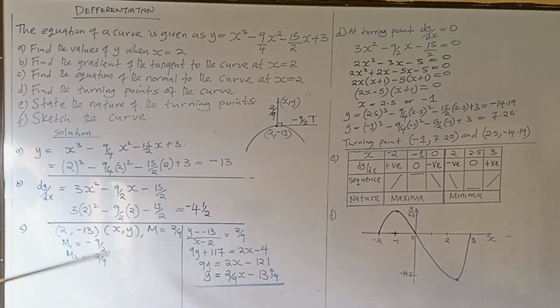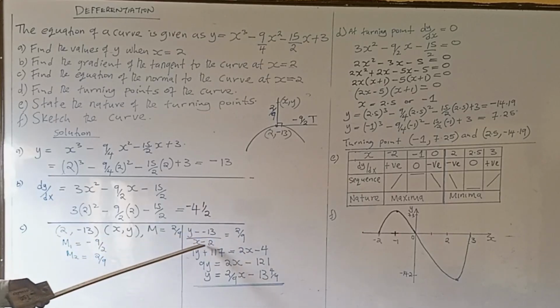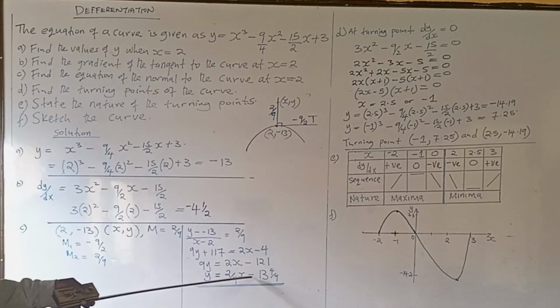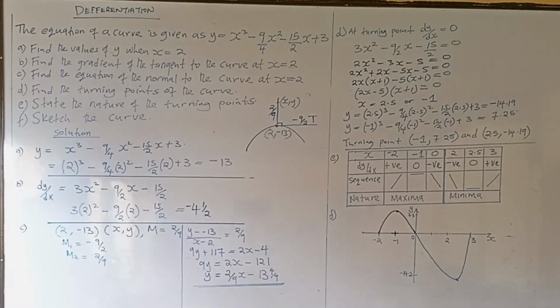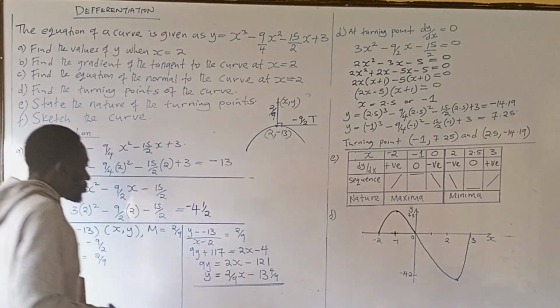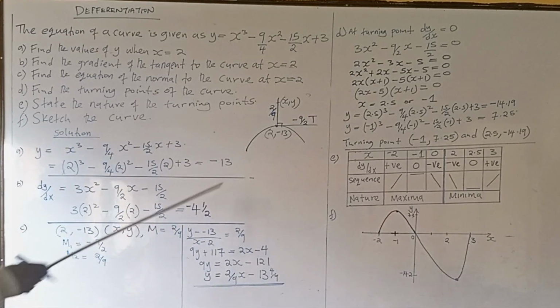After that, it is normally y minus y of this side divided by x minus this, which will be y minus negative 13 over x minus 2 is equal to 2 over 9. Then you just cross multiply, and you end up with y is equal to 2 over 9 x minus 13 4 over 9, or 121 all over 9. So this is how you get the equation.